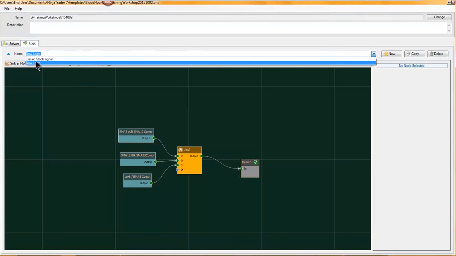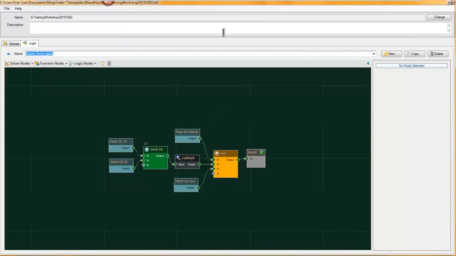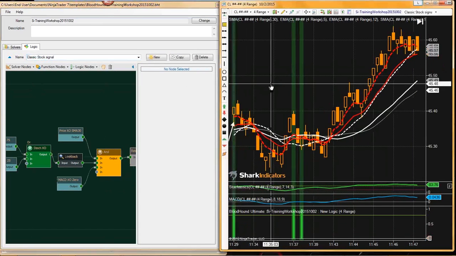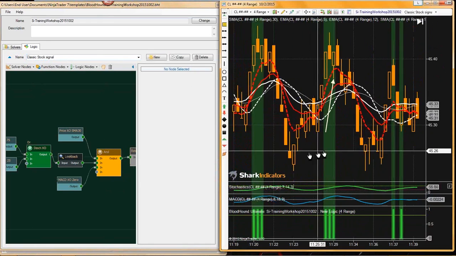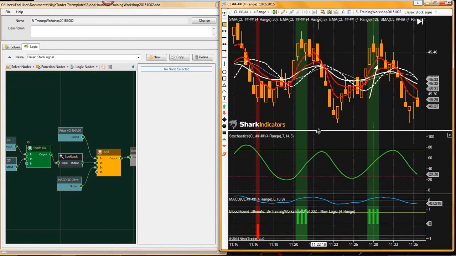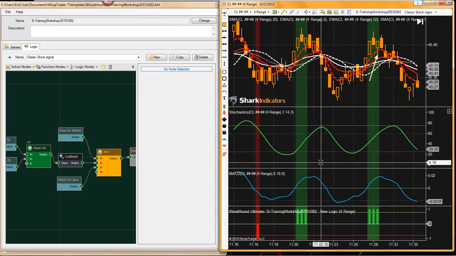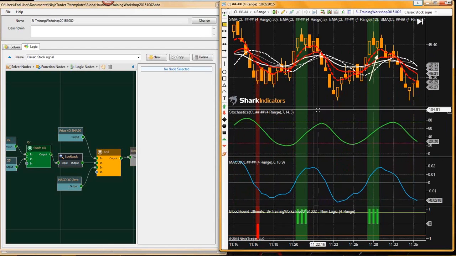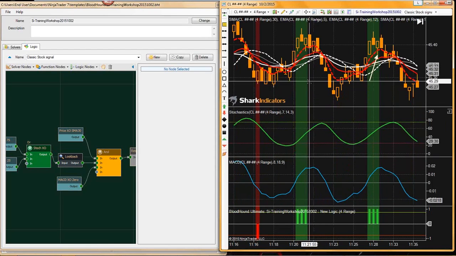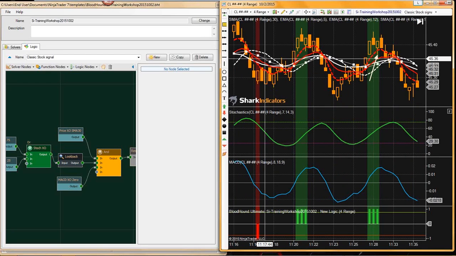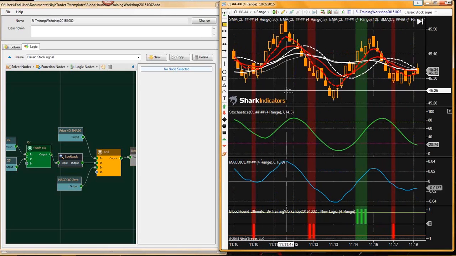Let's go back to the classic stock signal. This is a great example. It's got a little messy here, but I'm sure you remember the really thin white line in here. Let me see if I can get out of this chop.